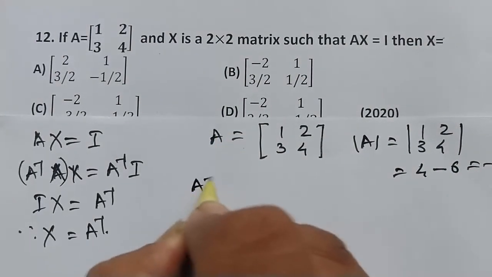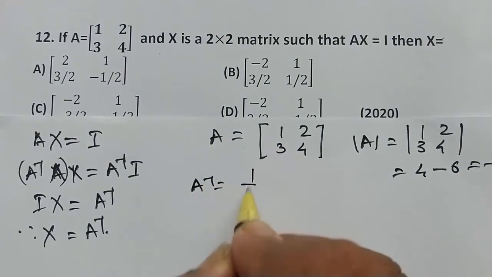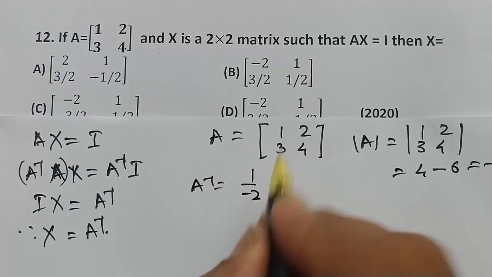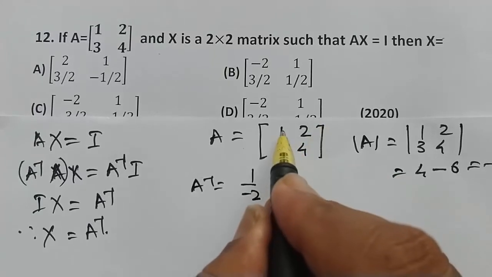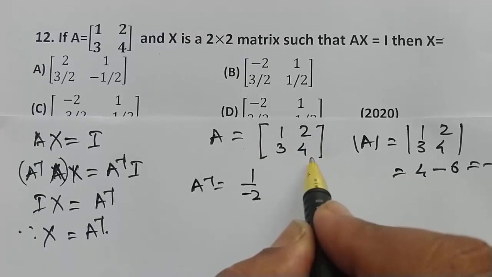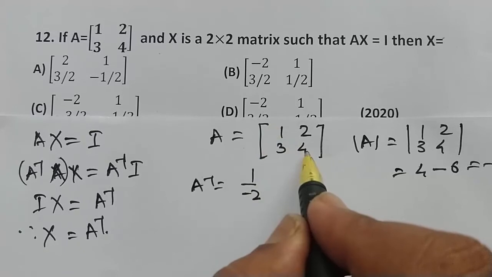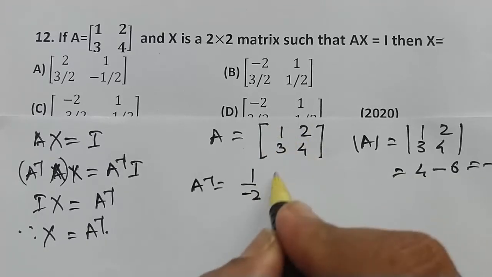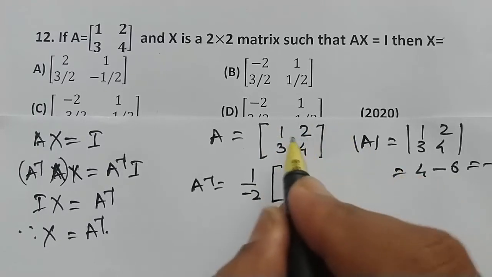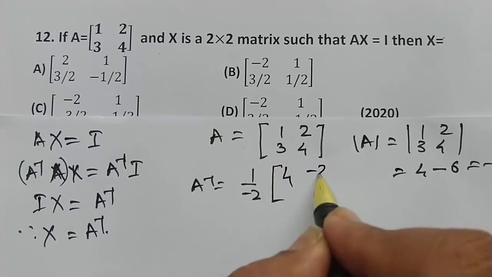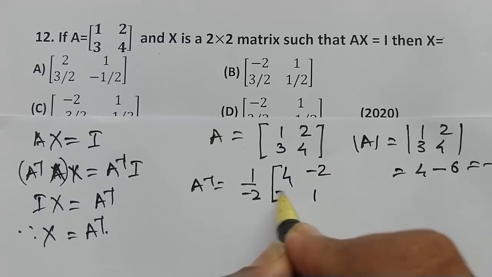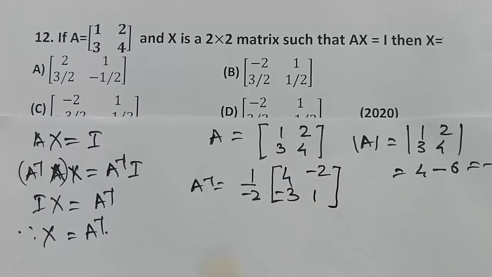So A inverse is equal to 1 upon the determinant of the matrix times the adjoint. The adjoint is obtained by interchanging the diagonal elements and changing the sign of the non-diagonal elements. So this is equal to [4 -2; -3 1]. So this is the adjoint.